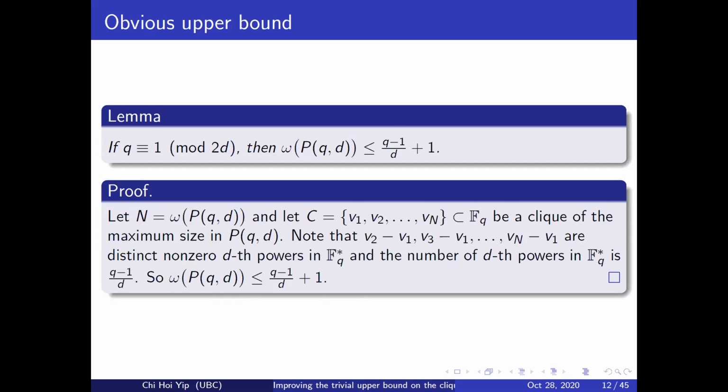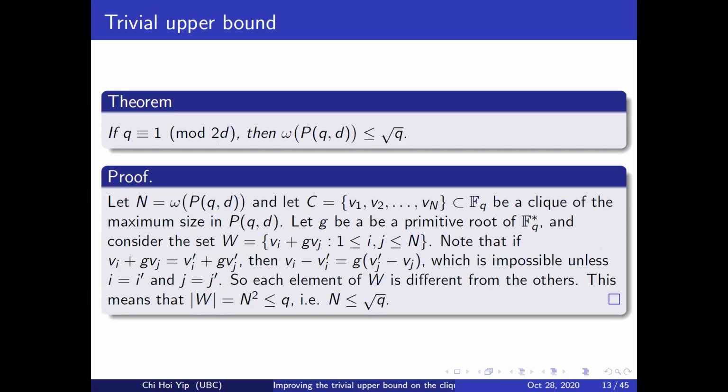And in my title, I said trivial upper bound. The trivial upper bound is given by root q, and it has appeared a few times in the literature. There are many proofs of this trivial upper bound, and I just pick the simplest one for our presentation. Again, we consider a maximum clique C consisting of the elements v_1, v_2, up to v_n.